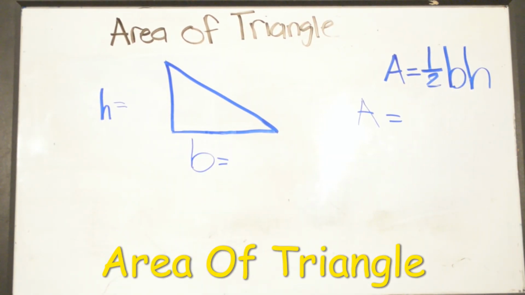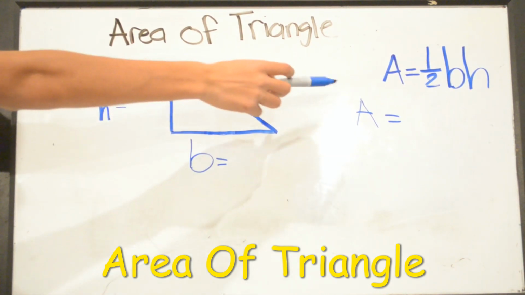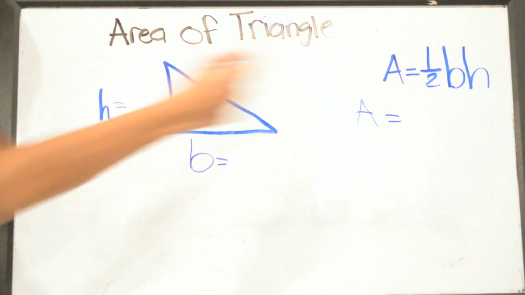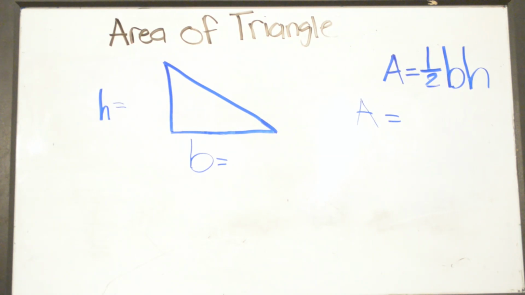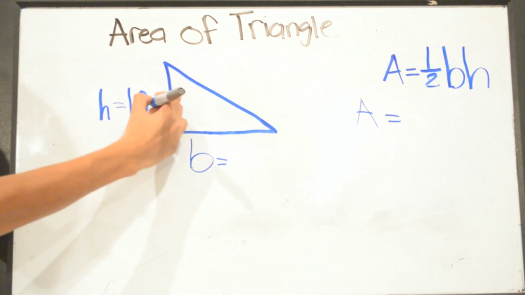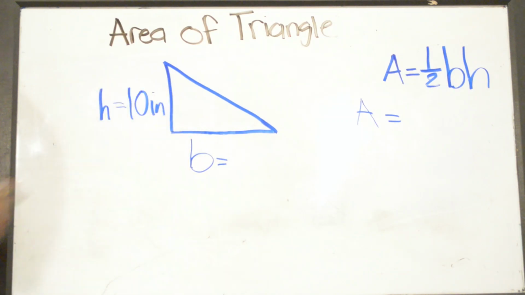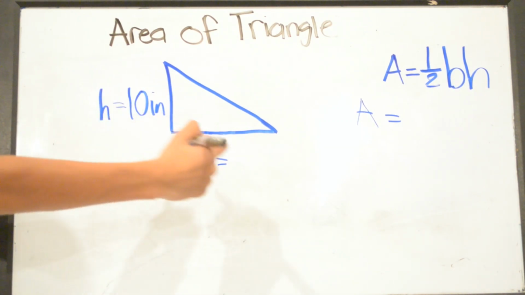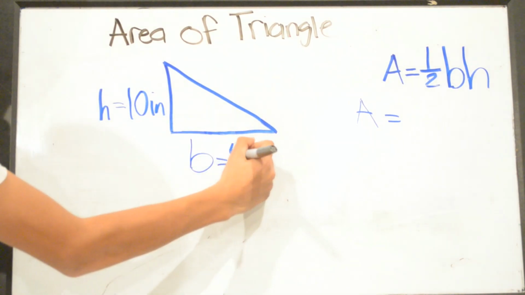Now we are going to talk about the area of a triangle. Our area of a triangle is A equals 1/2 base times height. For our first example for area of a triangle, we have our height is going to be 10 inches and our base is going to be 4 inches.